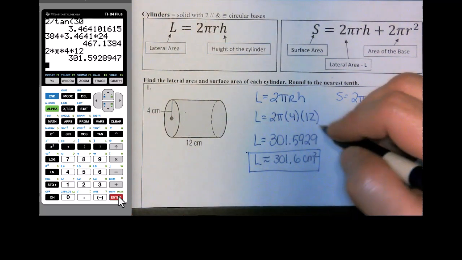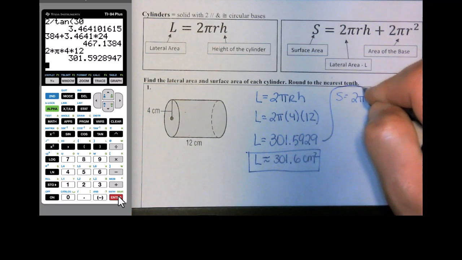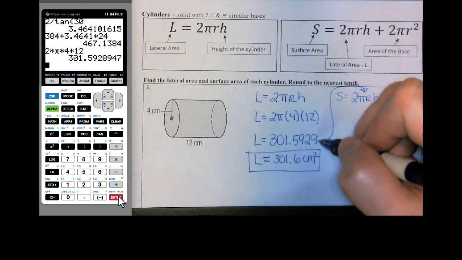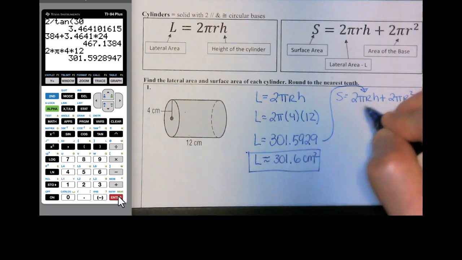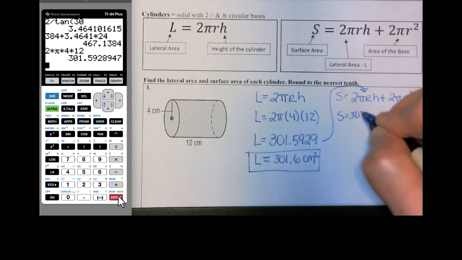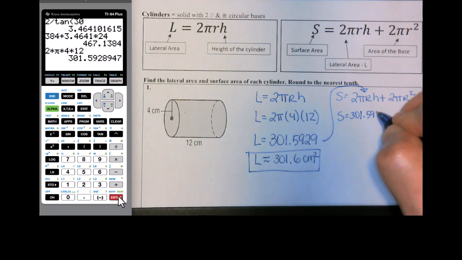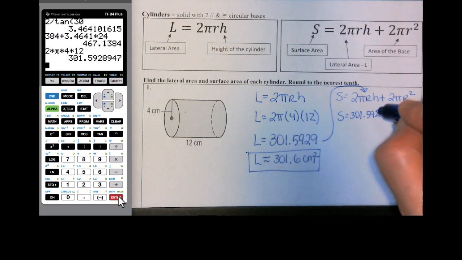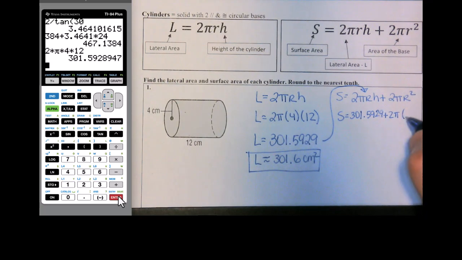Okay, now we're going to bring this value here, but don't round it to the nearest tenth. That's why I wrote it this way, because here it's not going to be a final answer. We're going to use this number to find the final surface area. So we're going to use it with 4 decimal places, 301.5929, plus 2 pi, the radius is 4 again, squared.